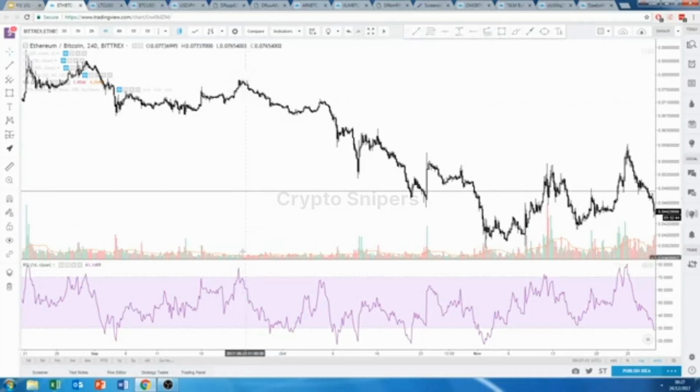If you just line this up, this is your 70 level. You might want to short, either here or here, depending on how early you get in. And then you catch this very nice ride down to here. And then at this point, RSI is telling you to go long, because we're crossing from below 30 to above. And you do go long, it doesn't work awfully well.